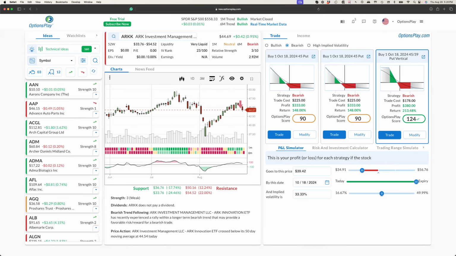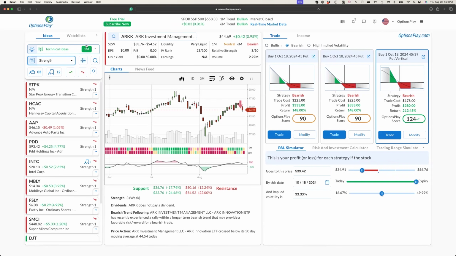Ultimately, every single day, what you're looking for from your platform are ideas that are actionable, ideas that will generate potential profits for you. And what we want to do is try to reorganize the ideas that are available to you on the platform to help you find the best trading setups. And like I said, the relative strength is probably the most important tool in helping you sort through all the different ideas. So just think about, if you're trend following, you want to be earlier to the trend.